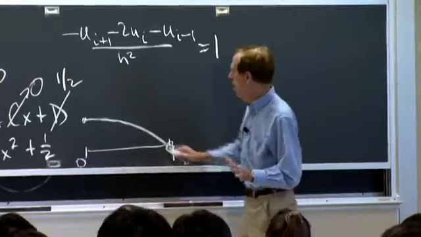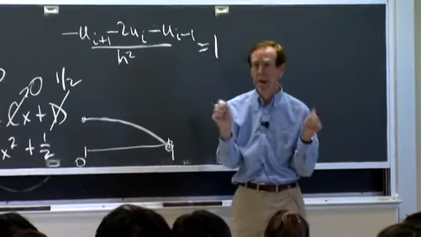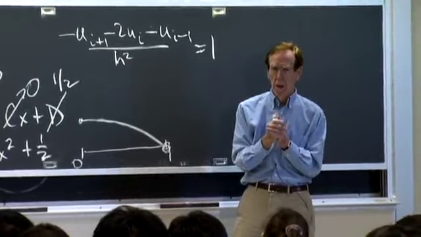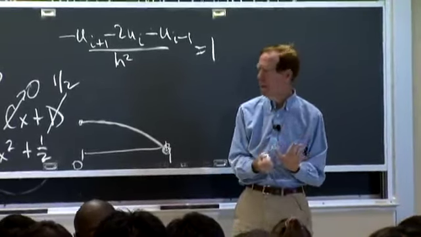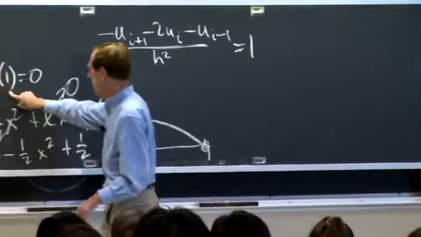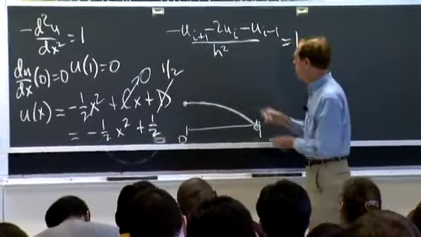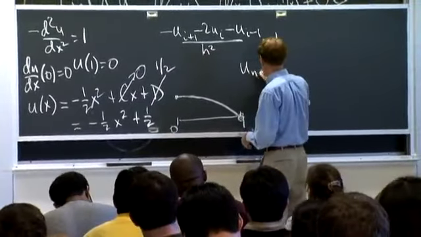And now what? Okay, big moment. What boundary conditions? Well, this one is pretty clear. That says u n plus 1 is 0.